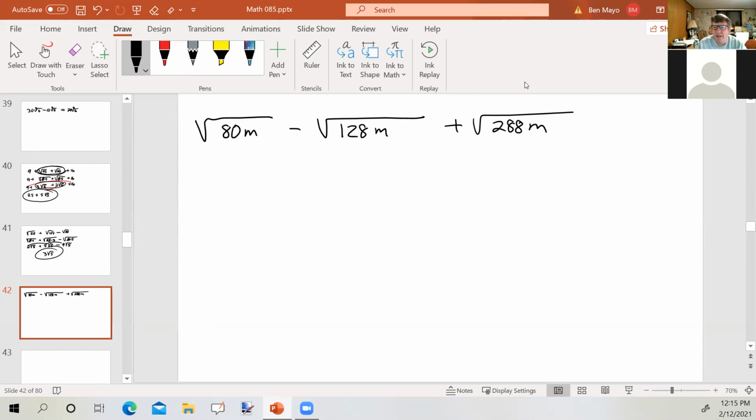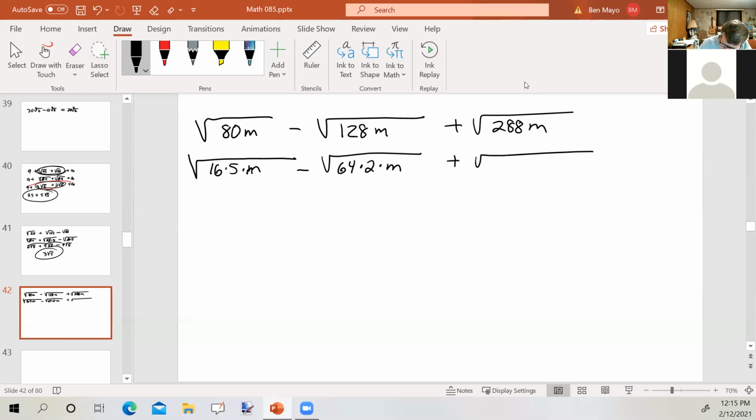Again, all of the indices are 2's, so I'm going to break it down into squares and leftovers. 80 is 16 times 5 times m. 128 is 64 times 2 times m. And 288 is 144 times 2 times m.